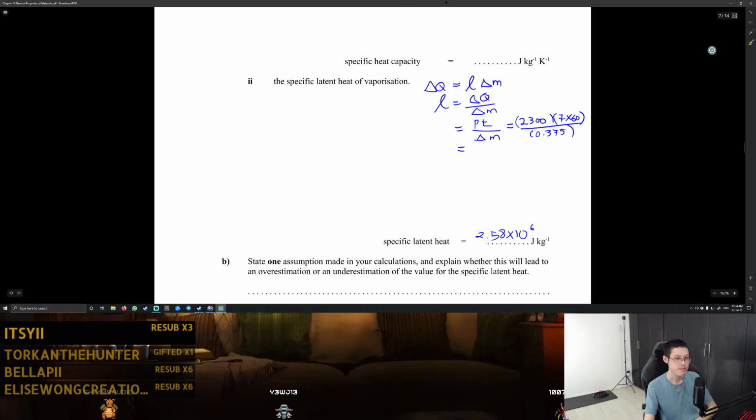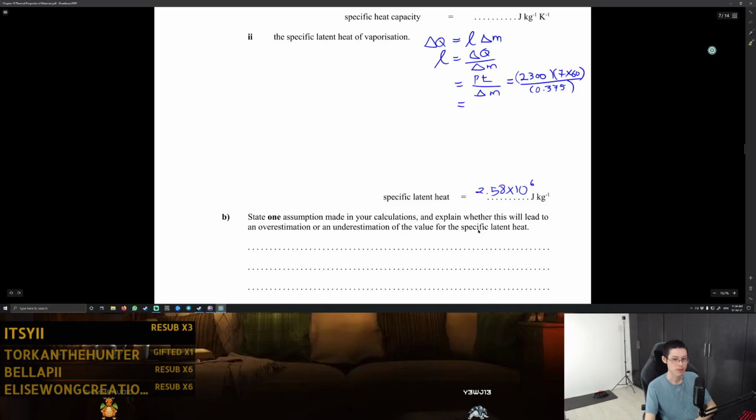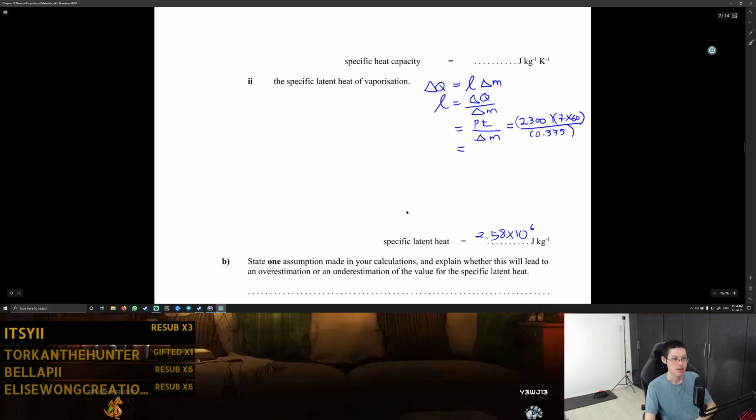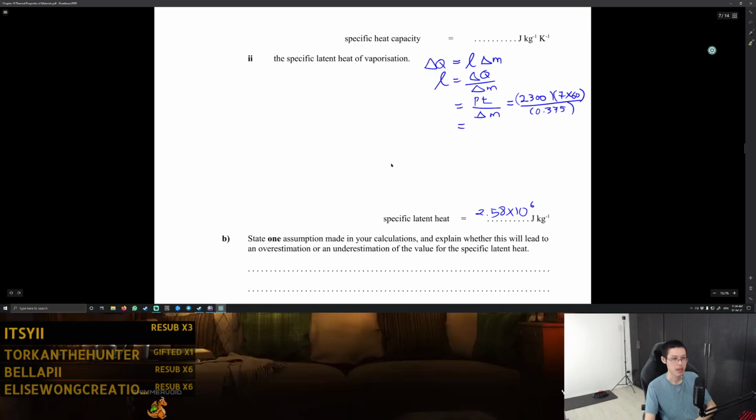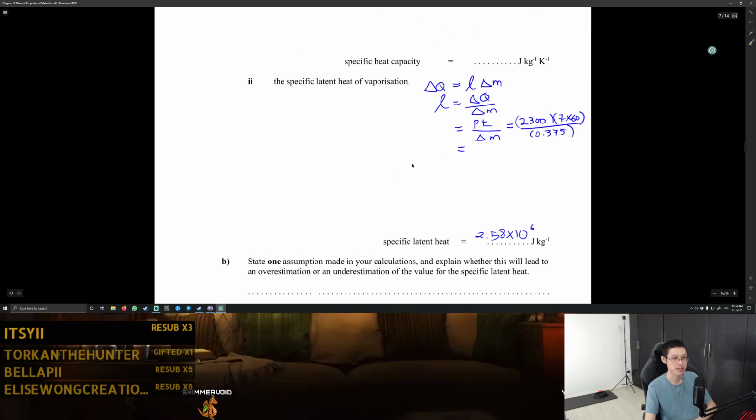There we go. So state one assumption made in your calculations and explain whether this will lead to an overestimation or an underestimation of the value for the specific latent heat. So what assumption do you think we have made here when we are doing these calculations? What do you guys think?